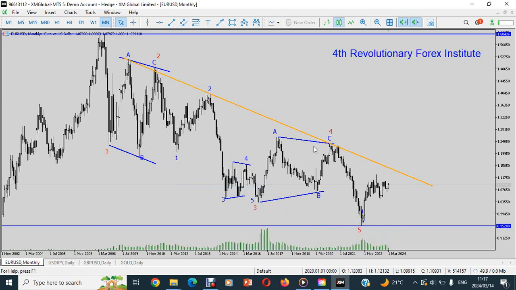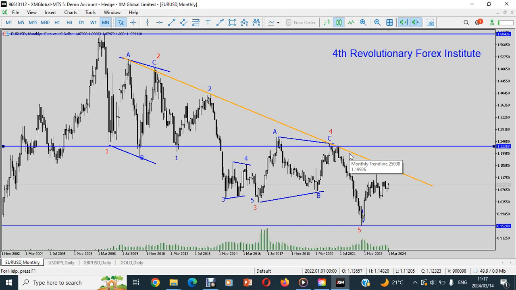So for now, it seems like the market is in a downward trend because the market hasn't broken this trend line. Secondly, we have this last lower high.